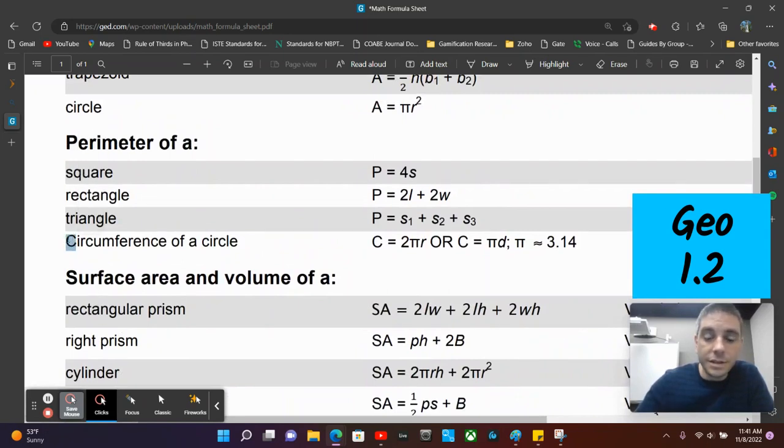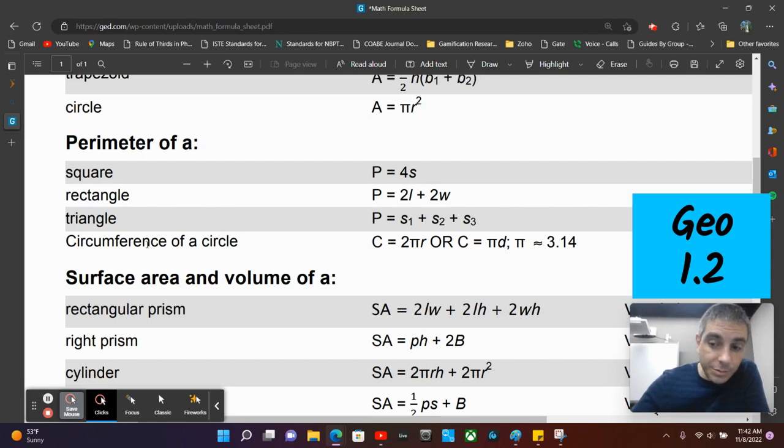Now, of course, something that you will notice when you study geometry is that circles have their own vocabulary. Geometry itself has its own vocabulary, but circles have their own vocabulary within the geometry vocabulary. So instead of calling it the perimeter of a circle, they use a special word called circumference, but it's basically the perimeter of a circle.